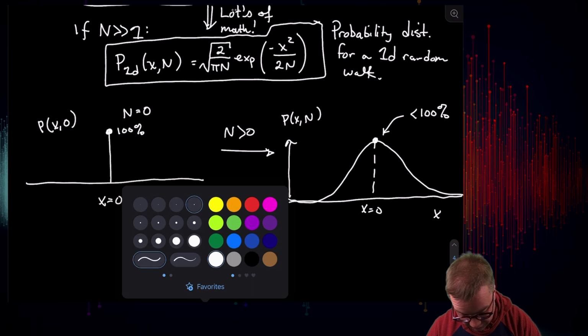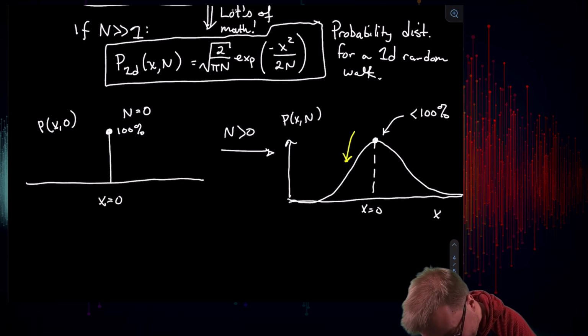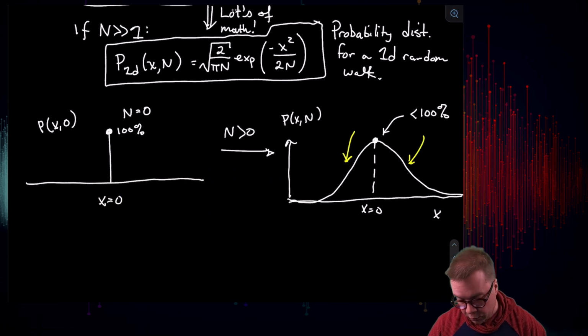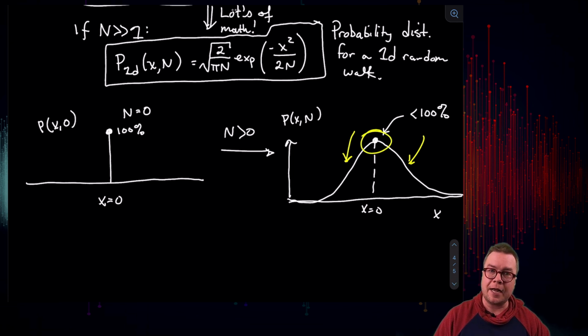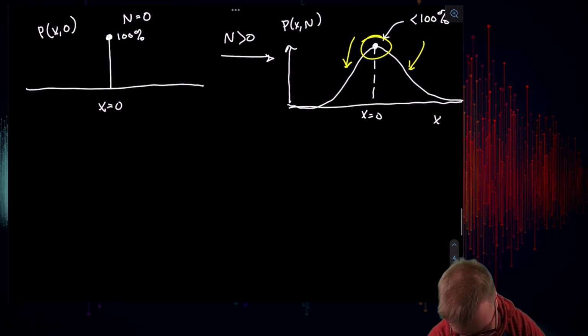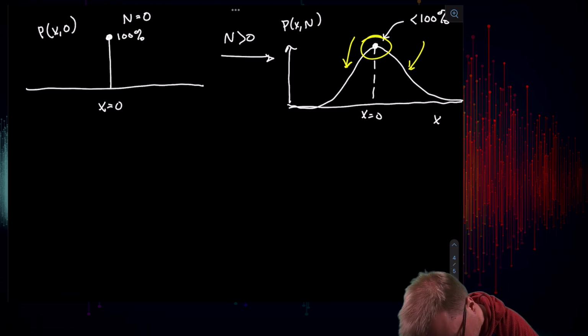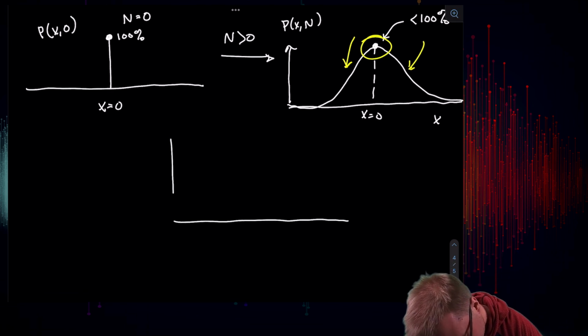So you start to develop some finite chance of being away from the origin, but you can see that the most probable position is still at the origin after that many steps. And then you could do this even more. You could take a much larger number of steps.